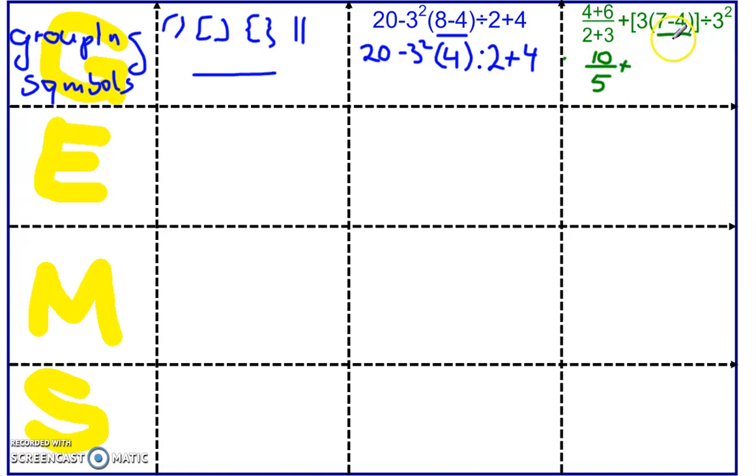Plus, now we evaluate what's in the parentheses first, what's on the inside. 3. And then we multiply that by the 3. 3 times 3, and that gives us 9. Divided by 3 squared.